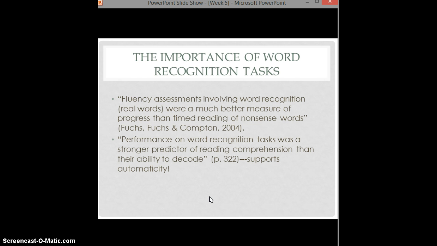And even if you've got great decoding skills, you don't want to spend time decoding when you're reading because that's taking away from the other cognitive processes that you need to engage in order to understand what you're reading. So that sight word piece is so key.